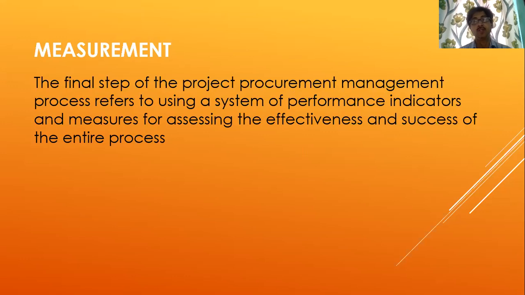If it's complying, then it's great. If not, then you have to identify the gap areas, where exactly the problem is lying. And finally, you have to try to fill up those gaps as well. So this way, the entire procurement process is executed for a given project.